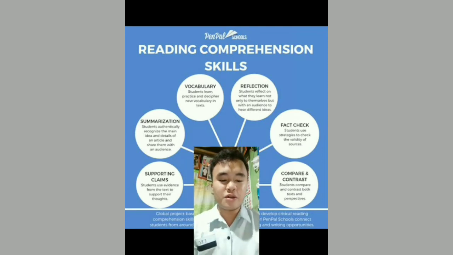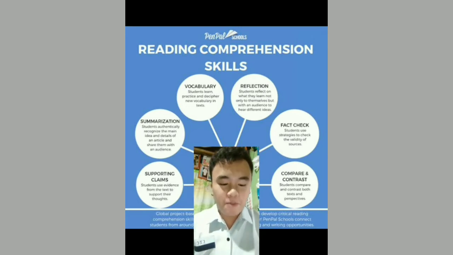So you are going to fast check if the students already understand the discussion that you have. So it's very important to develop our fast check for the students.